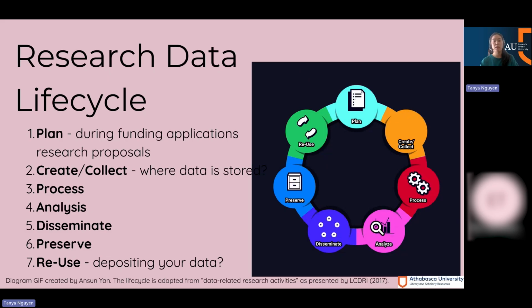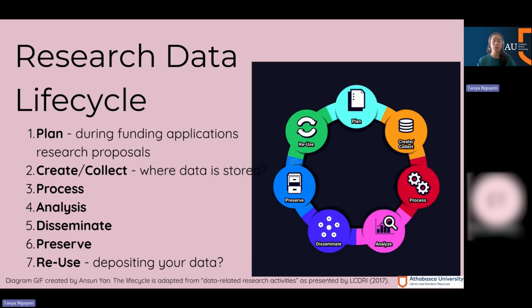Next, we have the create and collect phase. Here the focus is on your data and where it will be stored, thinking about secure and accessible locations. And then moving forward, we have process and analysis. These stages are where the raw data gets refined and interpreted. Once your data is ready, it's time to disseminate and share its findings with the wider community, if applicable to your project.